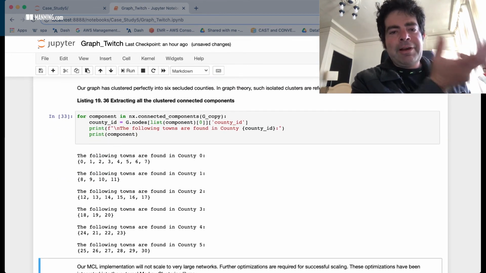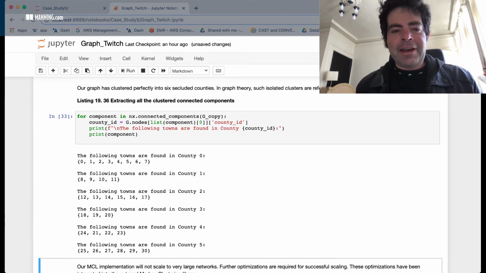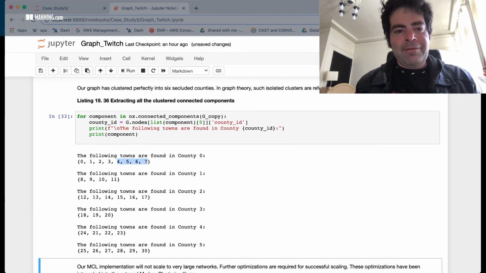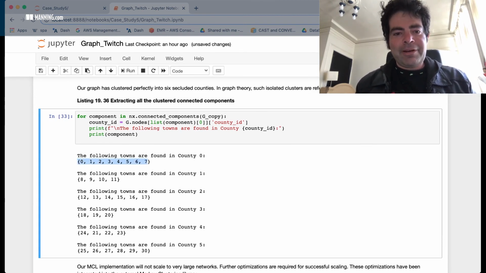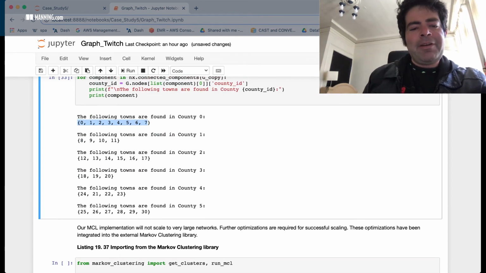So we get back our 6 counties corresponding to our 6 clusters, and we know exactly the identity of all the towns in every cluster. We've basically just implemented Markov clustering from scratch in a few lines of code.